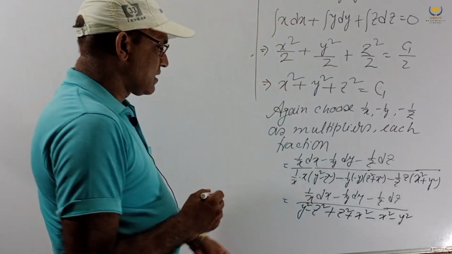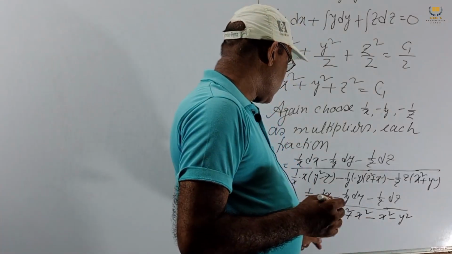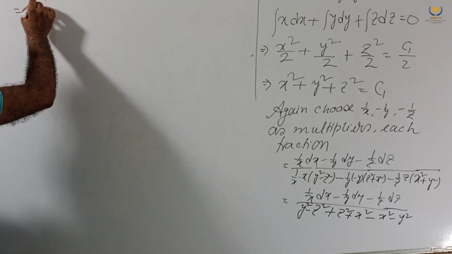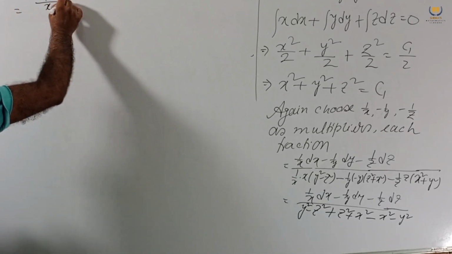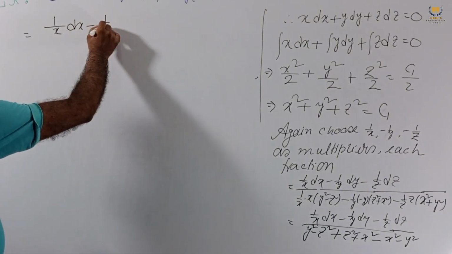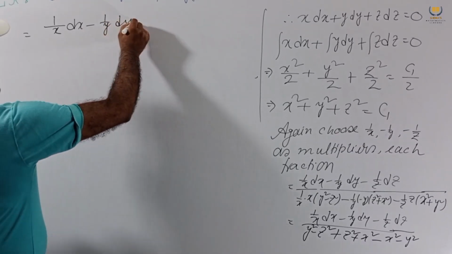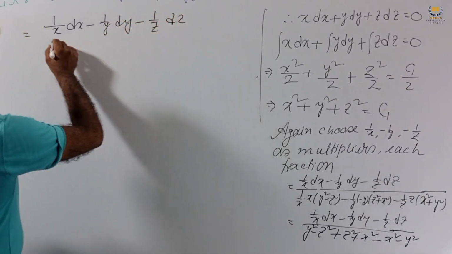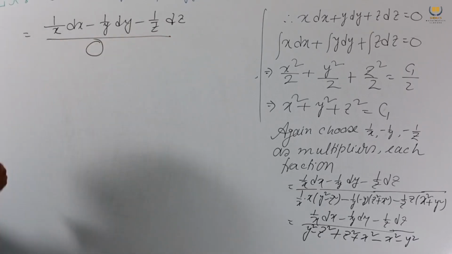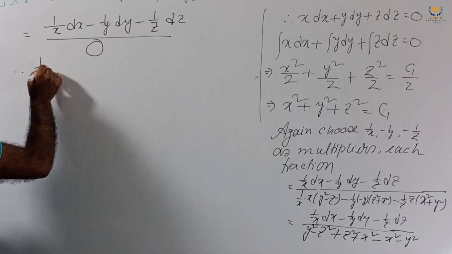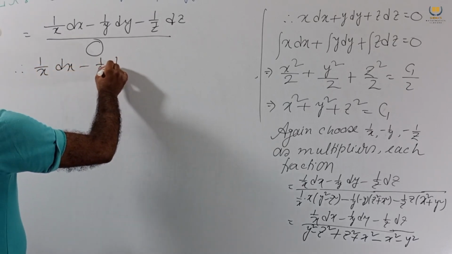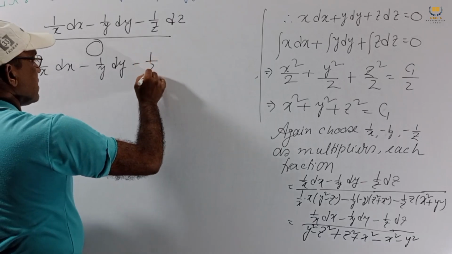Then all of this cancels, y square cancels, z square, x square cancel, we get 1 by x dx, 1 by y dy, 1 by z dz over 0.